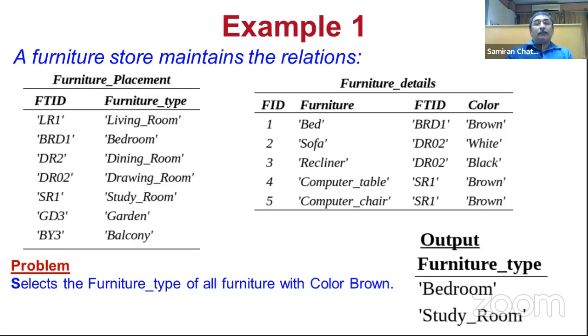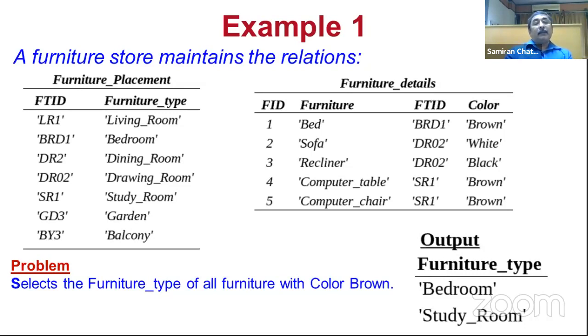If you look at these two tables, in our furniture details there is a furniture ID like BRD1 and the color brown. BRD1 fits in a living room, bedroom, whereas sofa, which is DR02, fits in a drawing room, which is given to me in the left table.